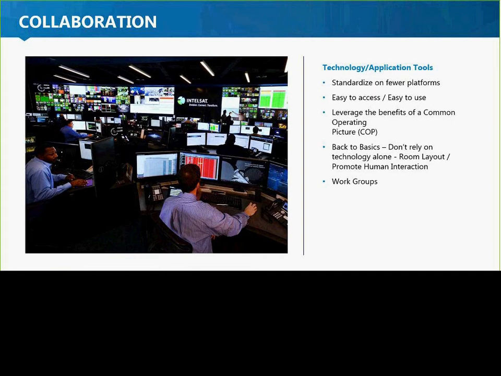A third way would be to leverage the benefits of a common operating picture. As you can see in this photograph of a project that we did, in the background you see a massive video wall. That's what is commonly known as a common operating picture. But a common operating picture isn't necessarily just the video wall, although in most cases it is.